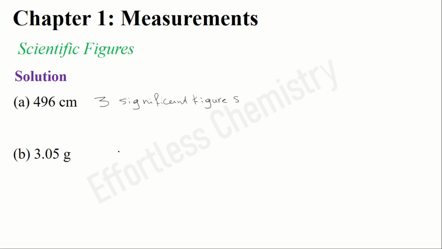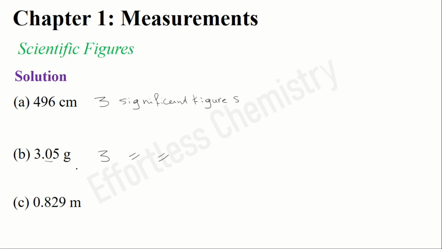For the number 2, we have again three significant figures, because zeros between non-zero digits are significant. Just 0 between non-zero digits.